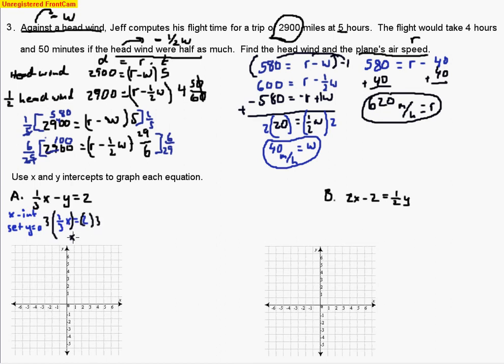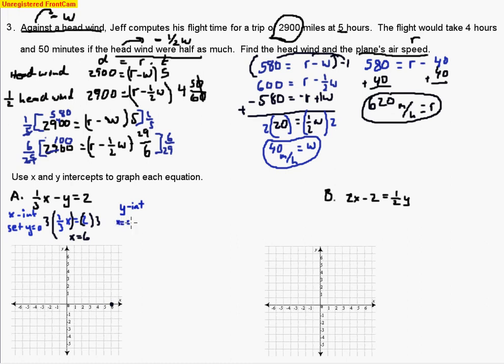So x is 6. So we just go 6 spaces over. So it's 1, 2, 3, 4, 5, 6 right there, and put a dot. And then we find the y-intercept. So it's done exactly the same, except this time we need to set x equal to 0.